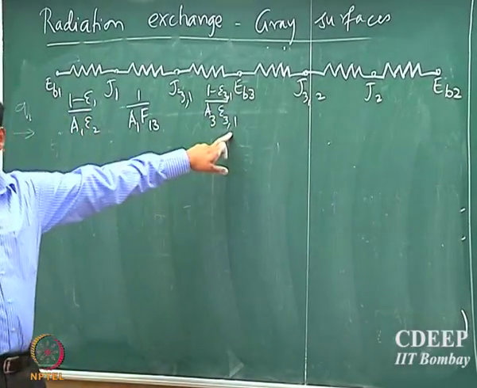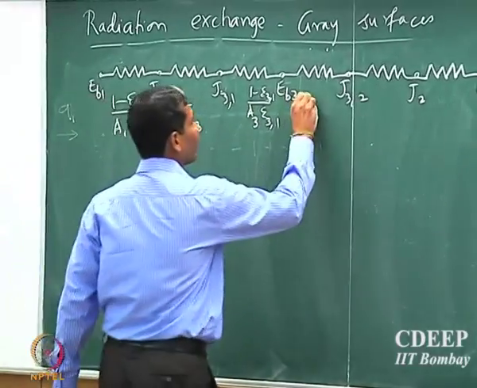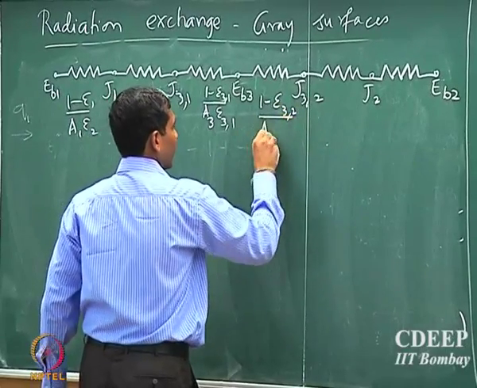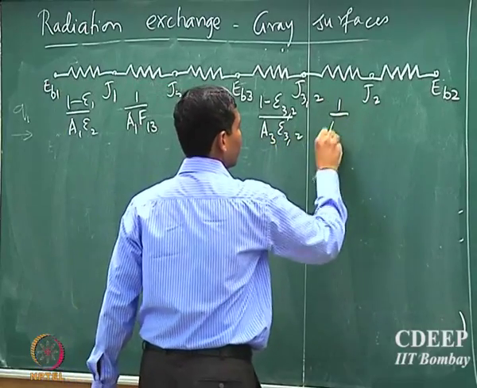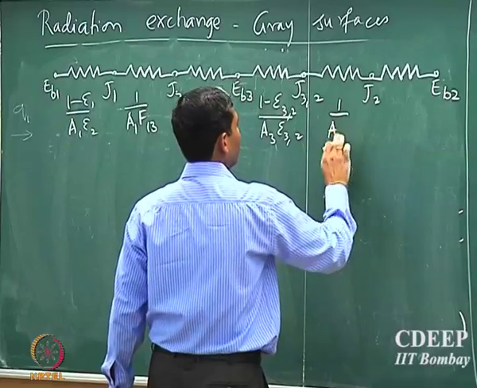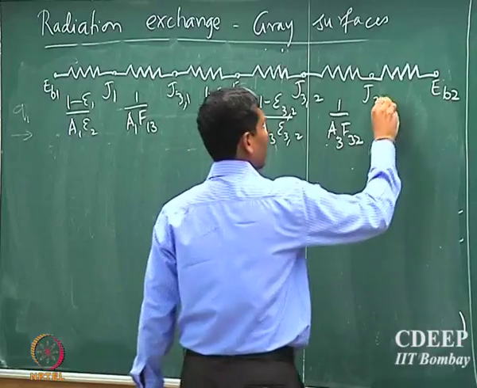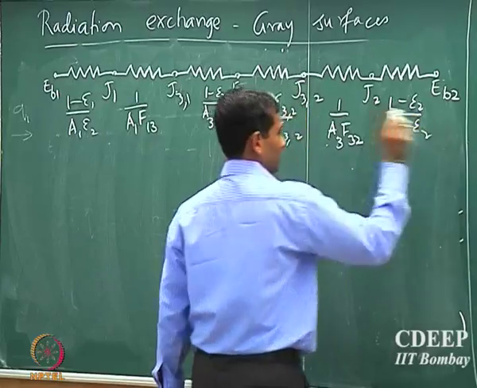Note that the emissivities on different sides are different, so you have to account for that in the resistance: (1 minus epsilon 32) by A3 epsilon 32, and 1 by A3 F32, and then (1 minus epsilon 2) by A2 epsilon 2.